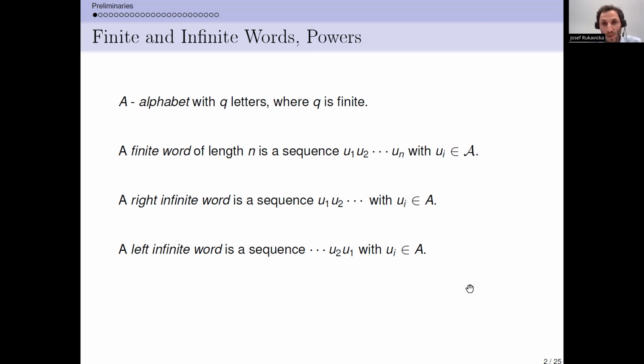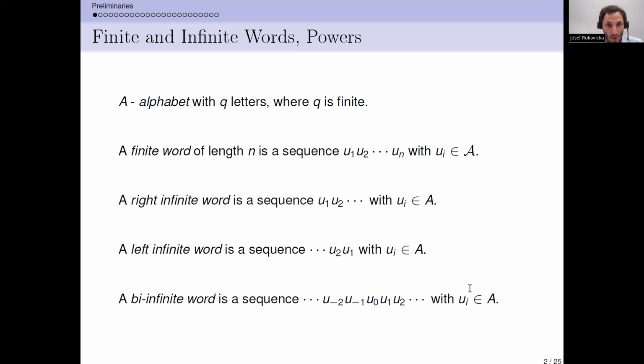Basically, it's the same. It is also a mapping between natural numbers and the letters from the alphabet, but it is presented as a sequence which is going from the starting point to the left to infinity. For many results, the difference is not that important, but for my paper, it is important to distinguish between these two concepts.